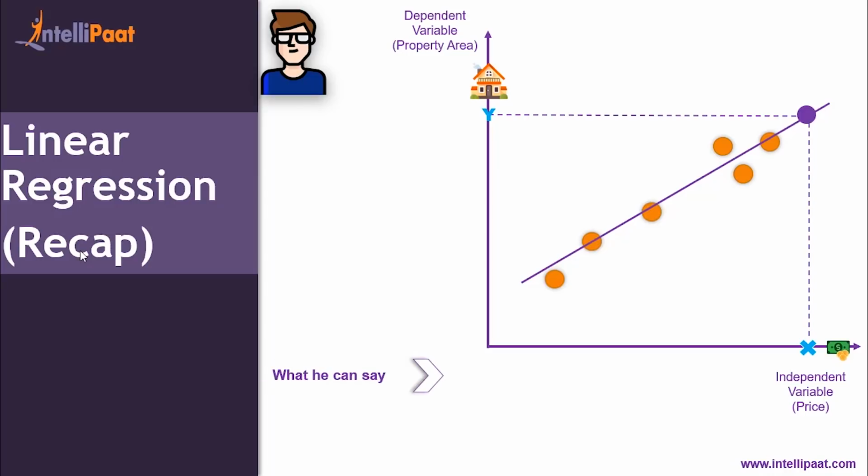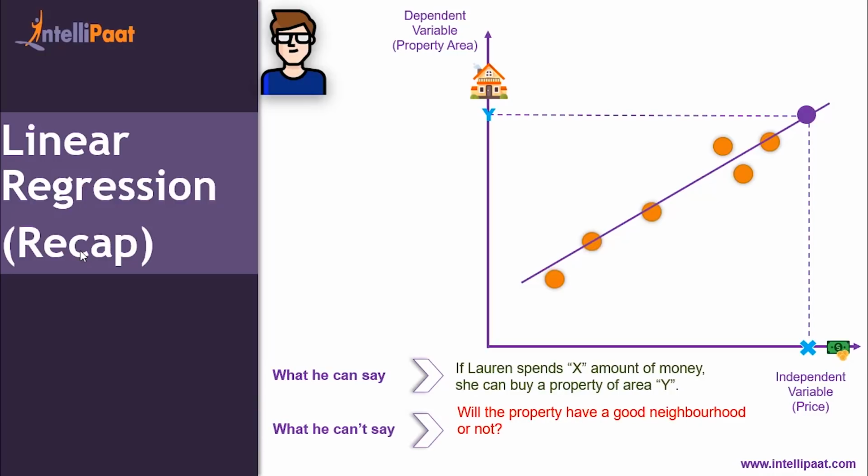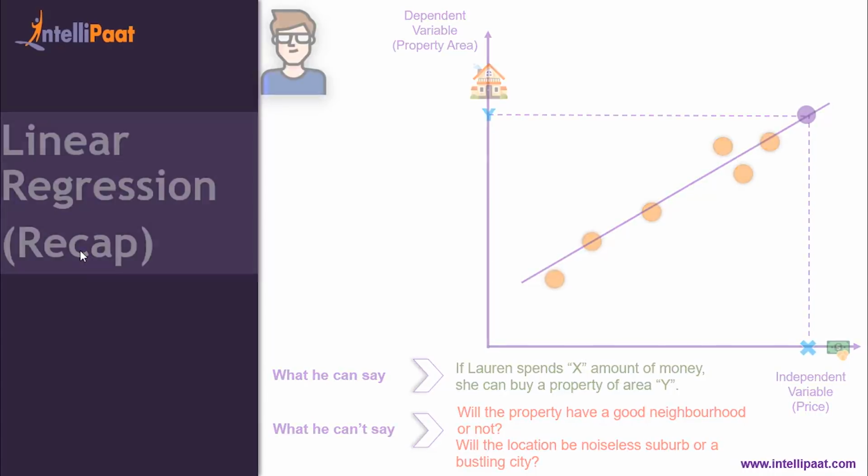Alright. Now let's see what he can and what he cannot say from this. So he can say that if Lauren spends X amount of money, she can buy a property of area Y. But what he cannot say is, will the property have a good neighborhood or not? Or will the location be a noiseless suburb or a bustling city? Right, so these are questions which even he cannot answer using this graph.